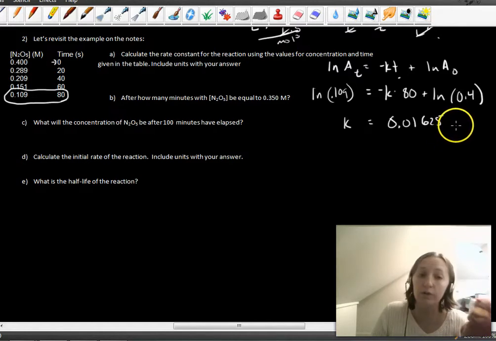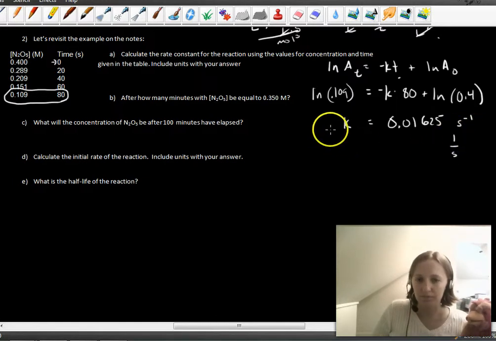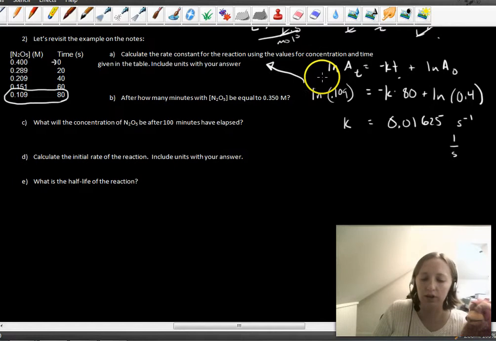We know that for a first order reaction, which this is, the units for K are simply seconds to the negative first power, or 1 over seconds. All right, so that is how you use the integrated rate law to find K.